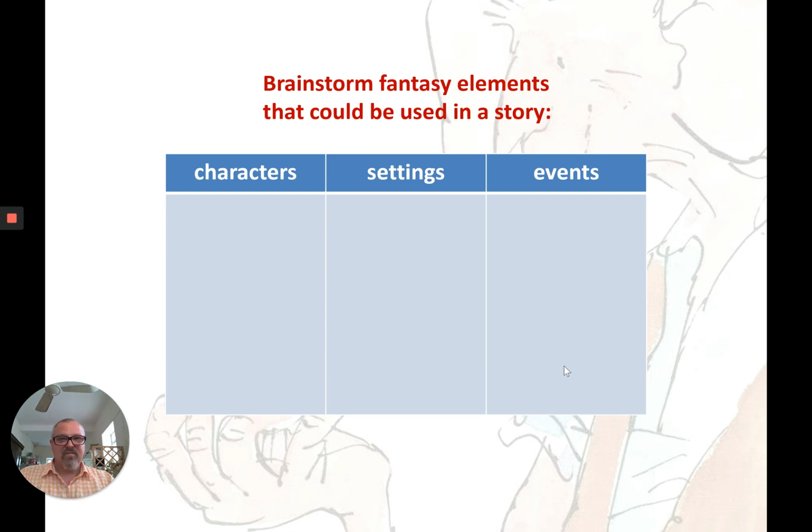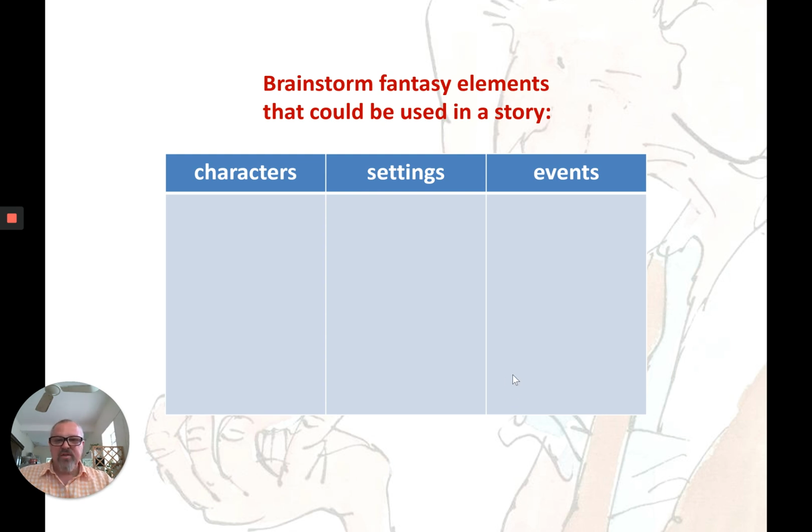Okay, so let's have a quick brainstorm. In the classroom, I'd be writing your ideas up on the board. Fantasy elements that could be used in a story. Maybe give you a second to think for yourself. What would you write down on this chart?